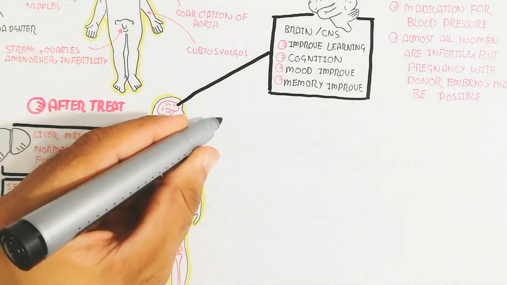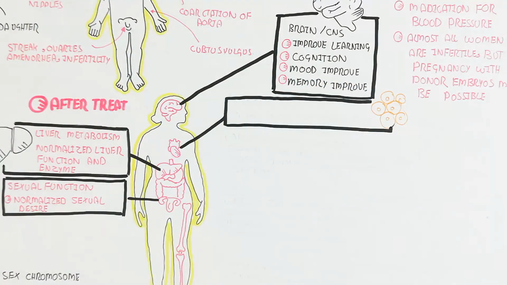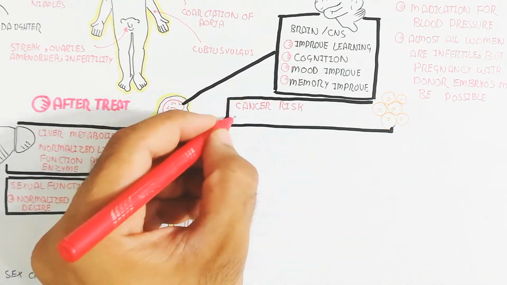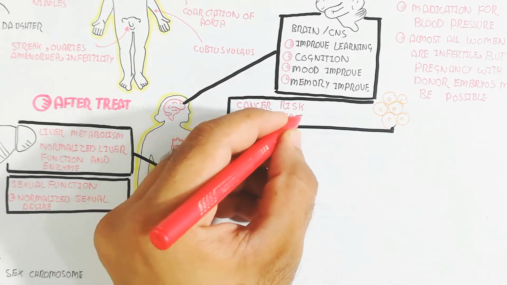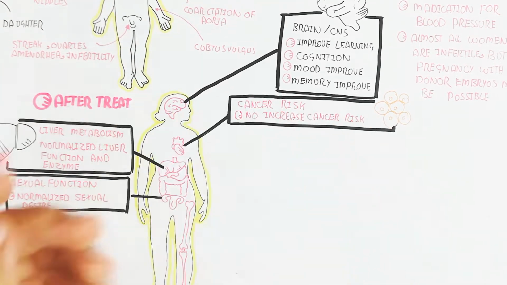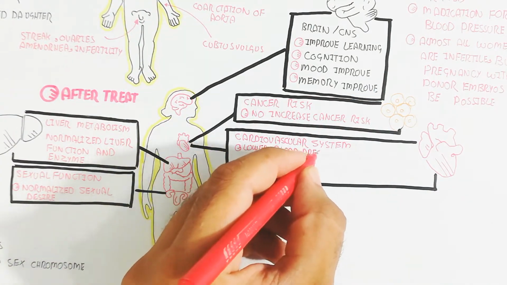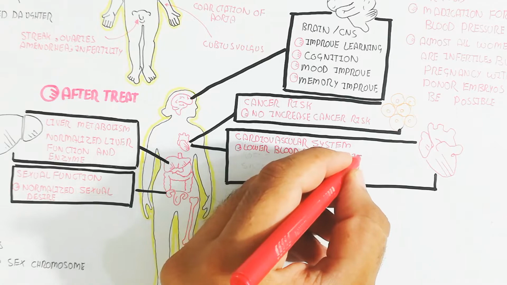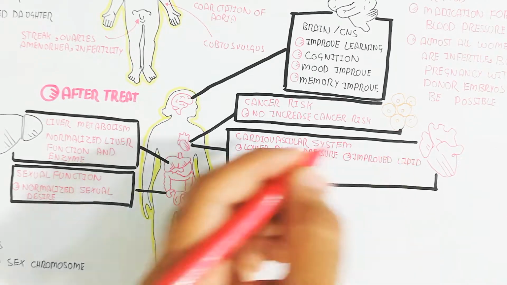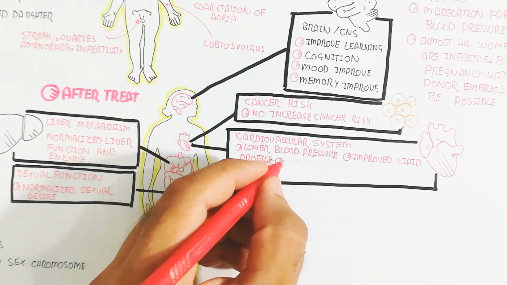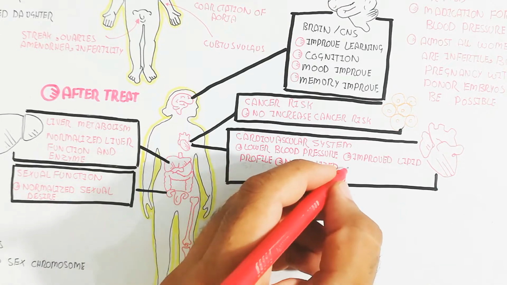The cancer risk will be decreased, with no increased cancer risk after treatment. In the cardiovascular system, there is lower blood pressure, improved lipid profile, and a normalized coagulation system.